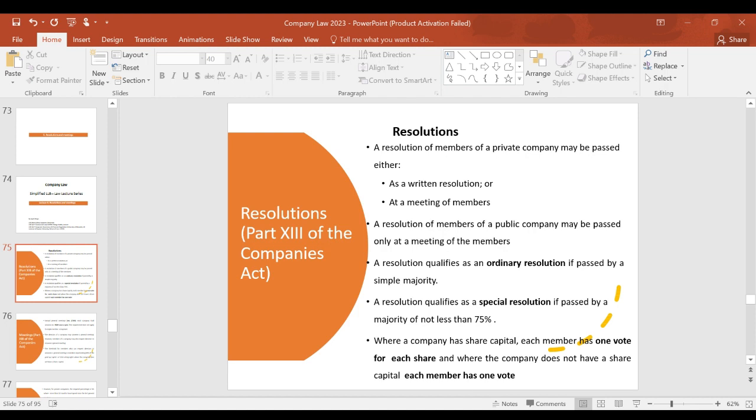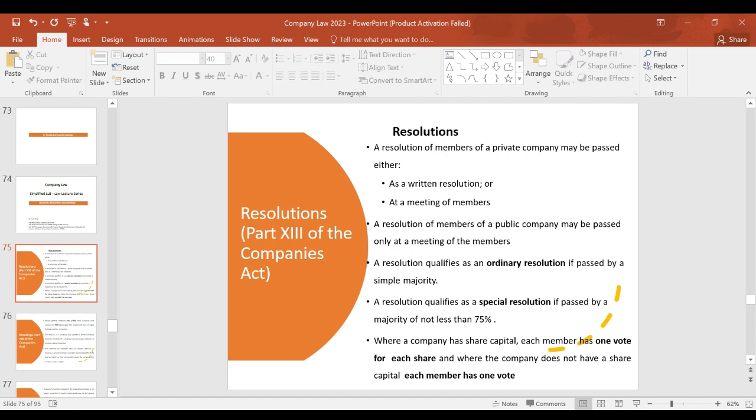And of course, for it to be an ordinary resolution or a special resolution, the Articles of Association of a company normally lay down which elements cannot be passed by a mere ordinary resolution, but can be passed by special resolution, and vice versa. So which kind of resolution can be passed in a particular meeting will depend on how the Articles of Association have described that kind of meeting.